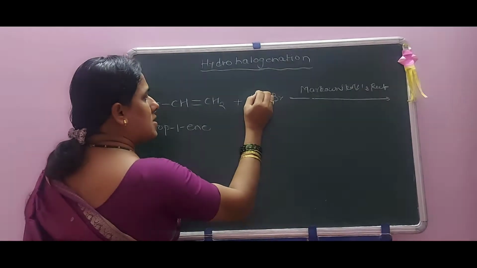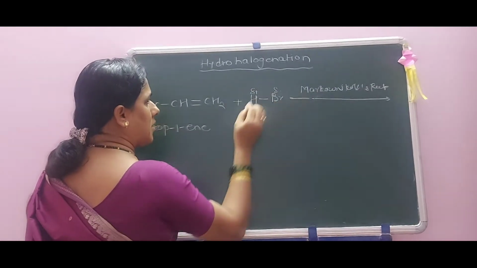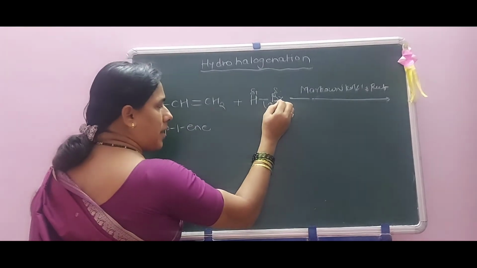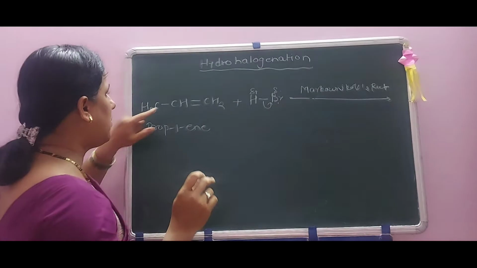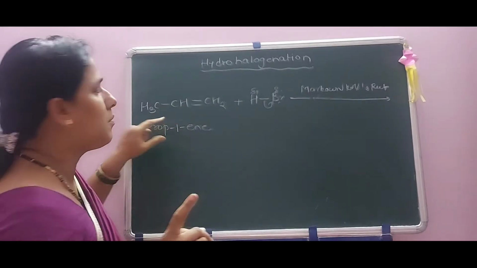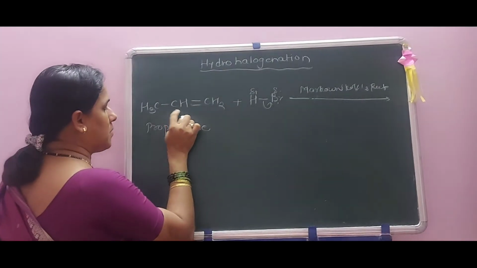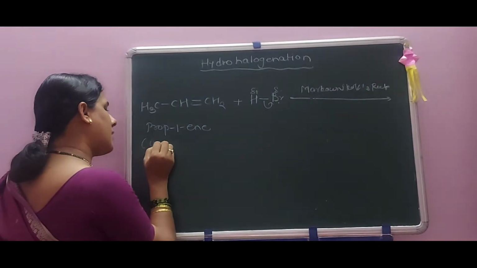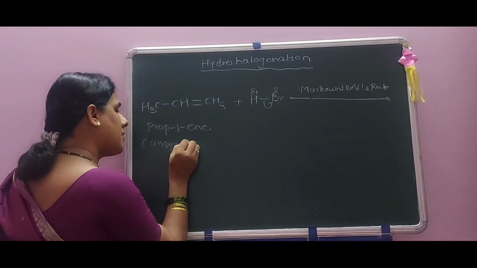Here we have delta positive and delta negative. Now this negative part is attached to which carbon atom? The one which has the less number of hydrogen atoms. This is an unsymmetrical alkene.